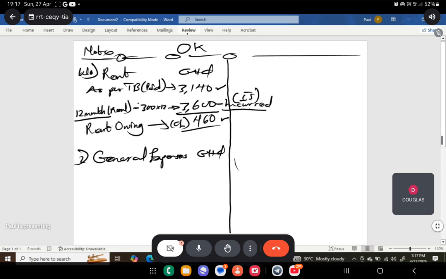Okay. So the general expenses too we will bring as per the trial balance. Let me go to the question. General expenses as per trial balance.